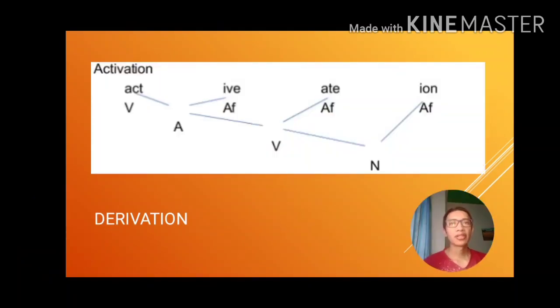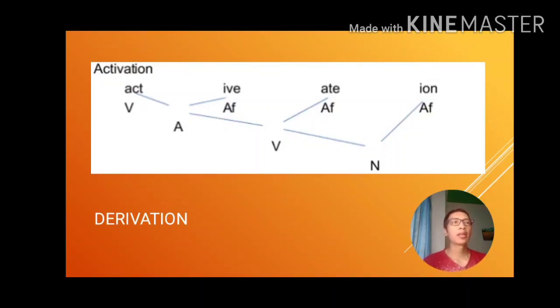I have another example here: the word activation. This word is developed from a very simple root, act, a verb. Then you add a suffix, ive, and it changes into active, and the class of this word changes into adjective. Next, when you add another suffix, ate, it changes into activate, and this changes again from adjective into verb.